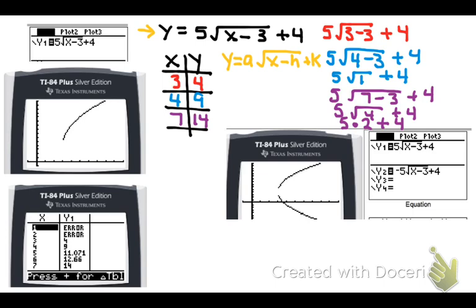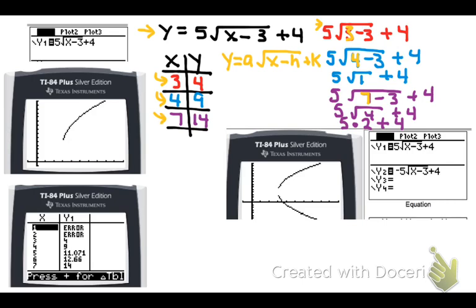I started over here where I inputted a 3 because I knew, because it's an even root, underneath the radical had to be 0 or greater. So 0 times 5 is 0, add the 4, we ended up with the ordered pair 3, 4. Then I inputted a 4, and my output was the 9. And then when I inputted a 7, I ended up getting my y as 14.